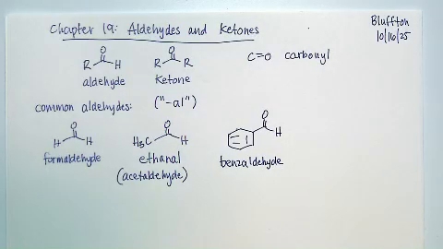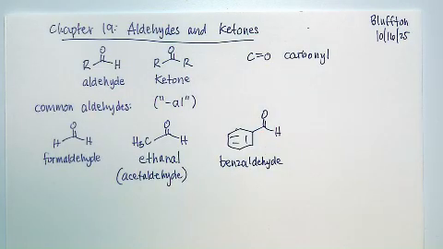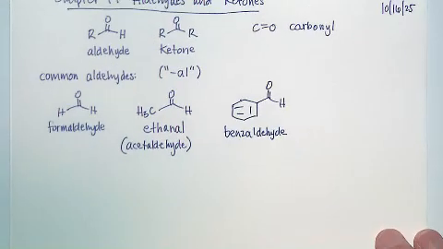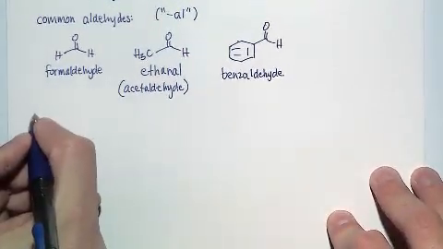Particularly with this one, you can see that the aldehyde is at the end of the molecule, and it has to be that way because you must have a hydrogen attached to the carbonyl carbon for it to be an aldehyde. Okay, so that's aldehydes.